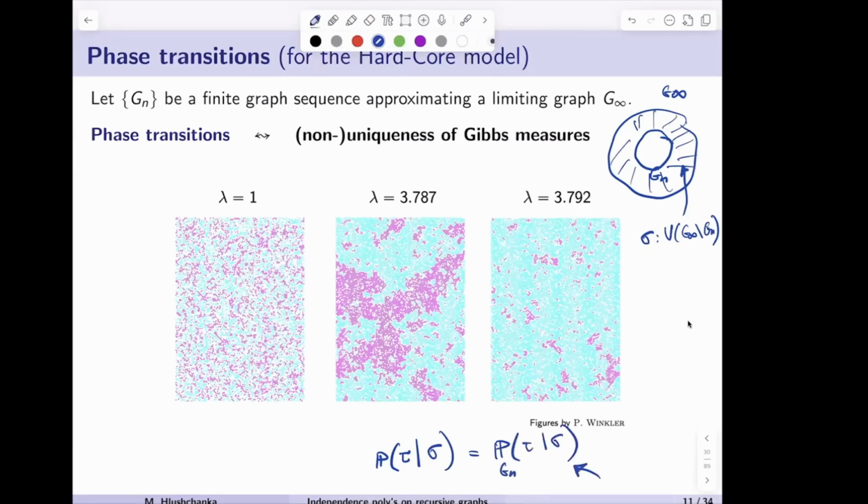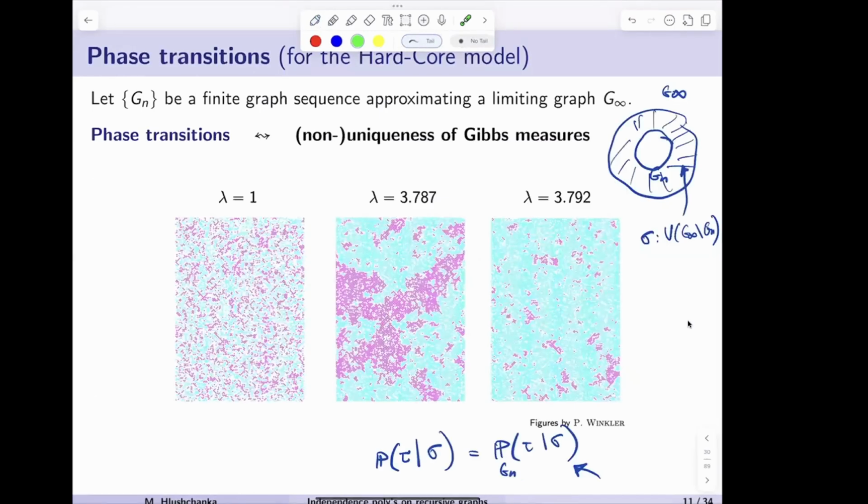This is specified by these normalized partition functions. But basically, the idea is that the things that I see on finite scales should exactly correspond to the conditioning. So conditioning to this finite scale should precisely correspond to what you get from the explicit formula for finite graphs. So now where does this phase transition come from?